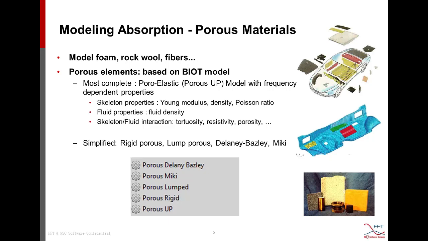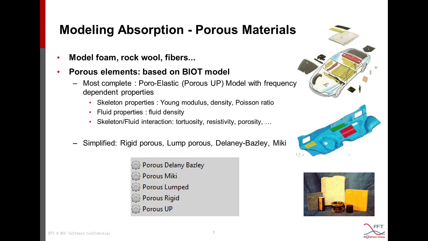Now, bear in mind, these simplified formulations often have their range of validity. For example, the rigid porous assumes that the skeleton is infinitely rigid, so we don't model the skeleton phase, and the lumped porous assumes that the skeleton is soft and has a mass effect.